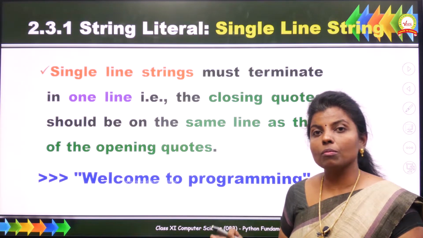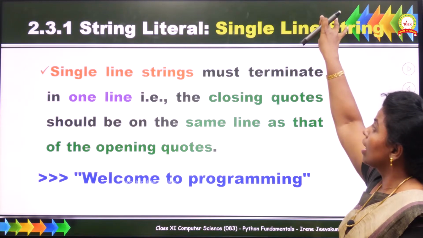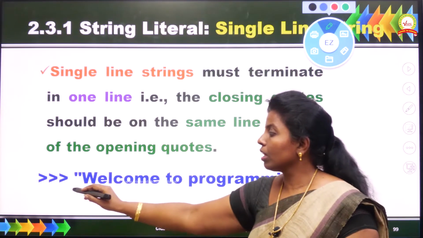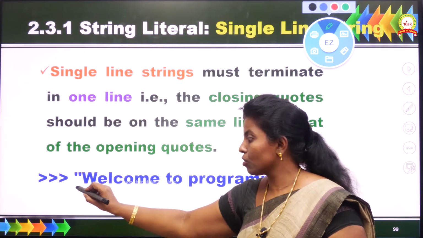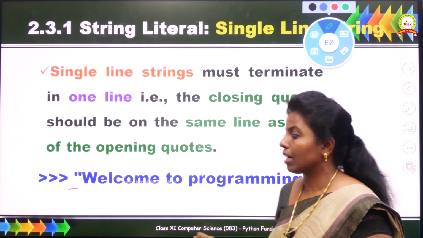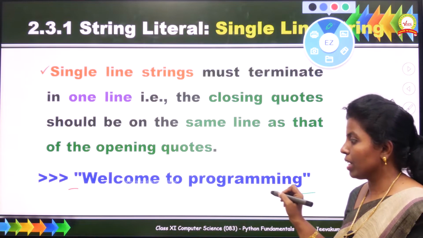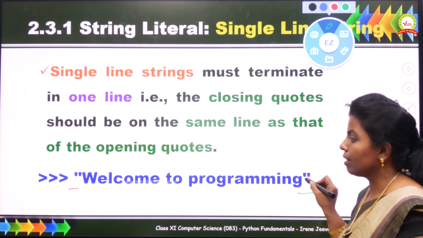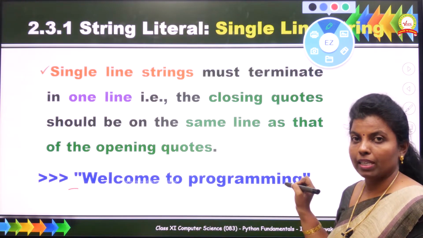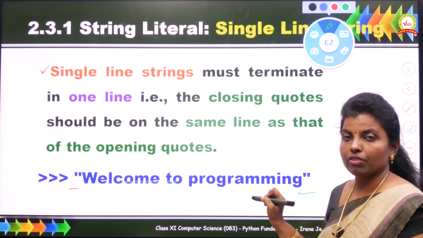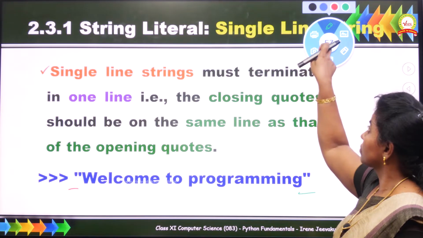Here we have an example. We have started a string literal with a double quote, and in the same line this double quote has been ended. So in one line itself, this string literal has been completed. This is an example of a single-line string literal.